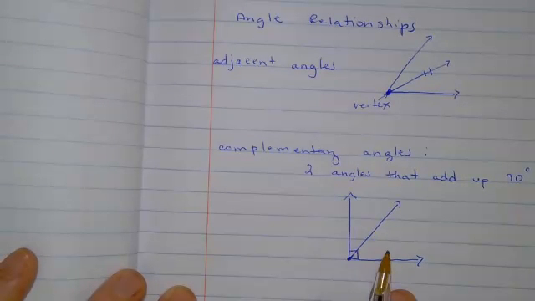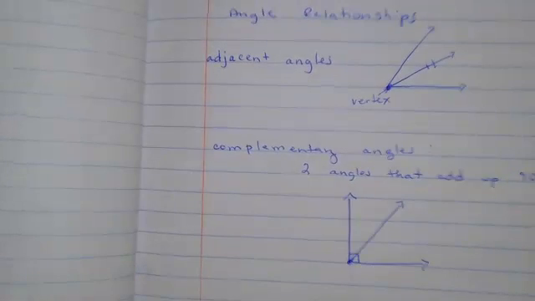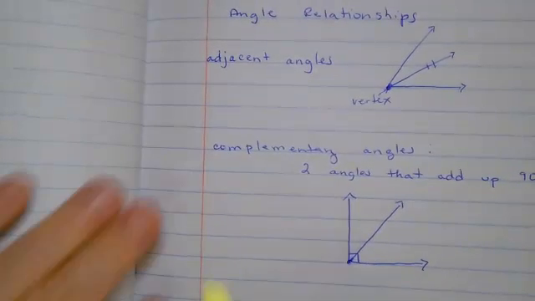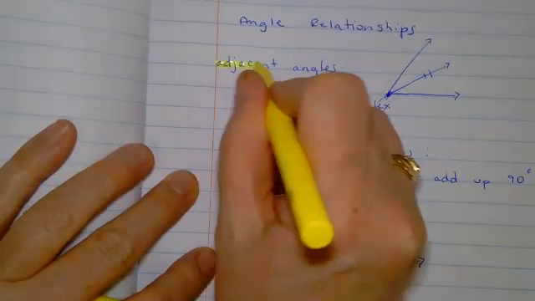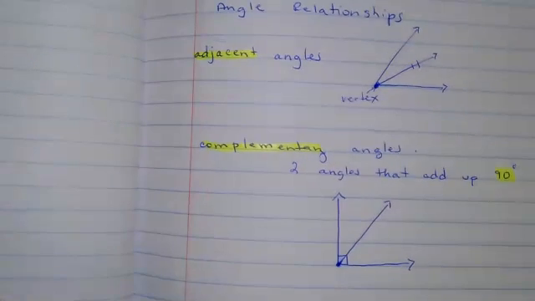So this angle and this angle together would equal 90 degrees. So adjacent means next to, complementary means add up to 90.